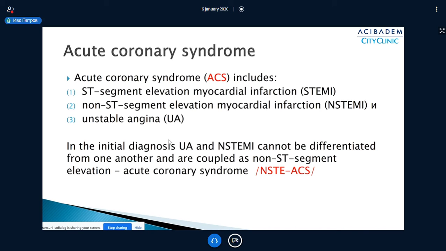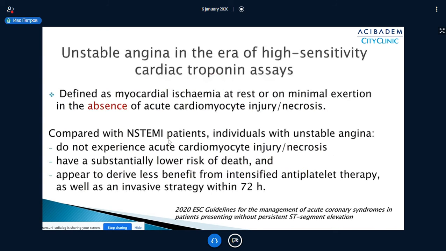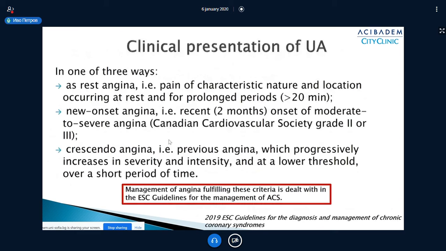So in the initial presentation, in some cases, the differential diagnosis, the initial diagnosis cannot be absolutely sure and absolutely firm. In case the patient is with unstable angina, with non-STEMI or STEMI, we need several more investigations, and these are not only the ECG and the echo, but mainly the laboratory tests.